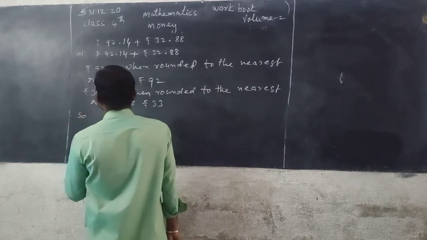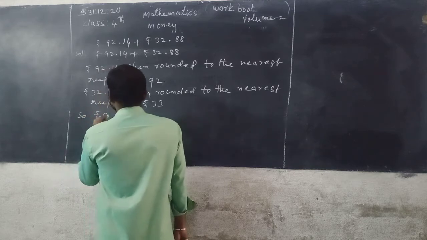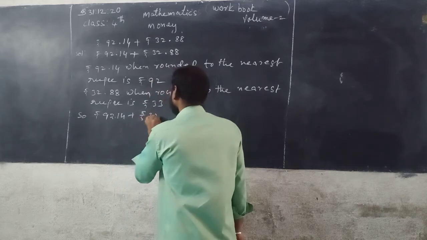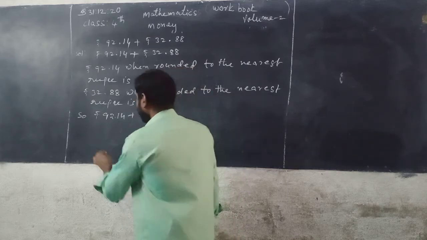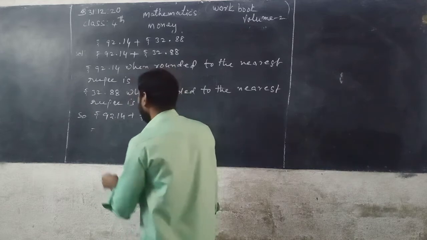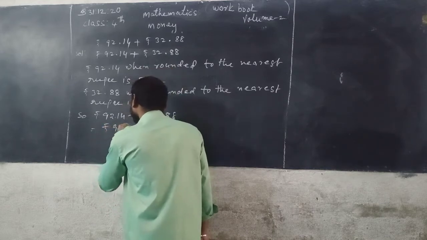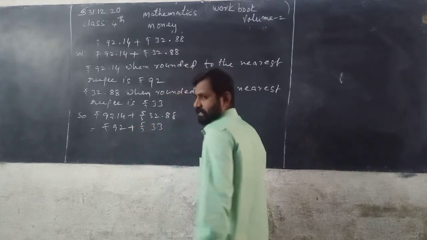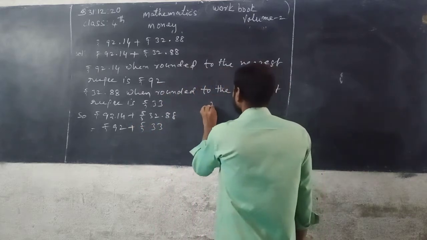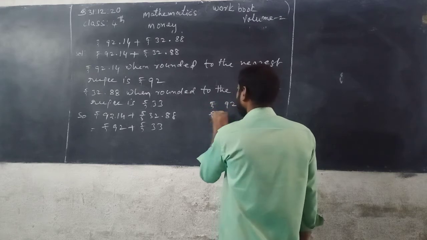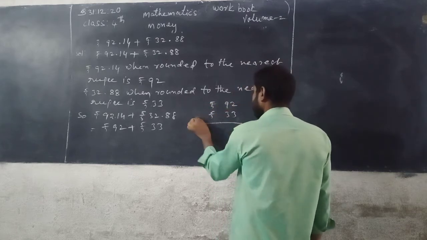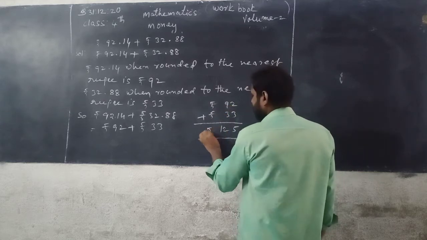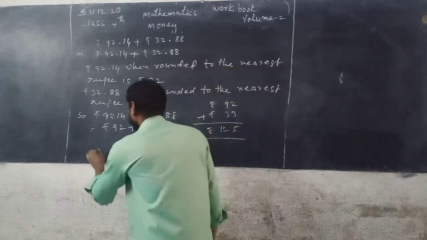So 92 rupees 14 paise plus 32 rupees 88 paise: 92 rupees 14 paise can be written as 92 rupees plus 32 rupees 88 paise can be written as 33 rupees. 2 plus 3, 5, 9 plus 3, 12, 125 rupees.